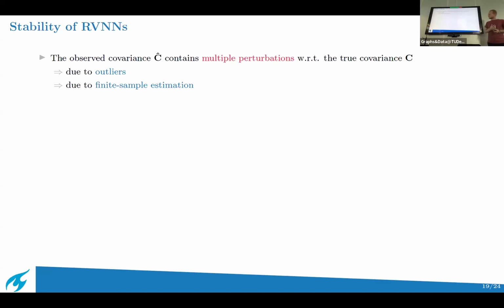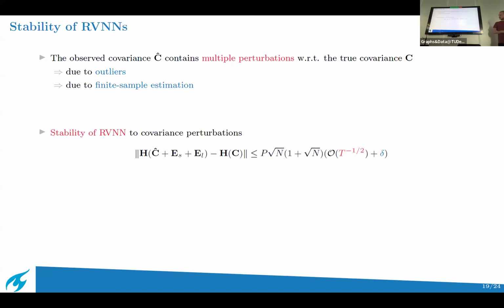But then there is also the usual instability, the usual perturbation due to finite data settings, because in practice, we always estimate the covariance matrix from a finite number of observations. And based on how many of these observations there are and how large is the dimensionality of the data, this estimate can be good or bad, right?